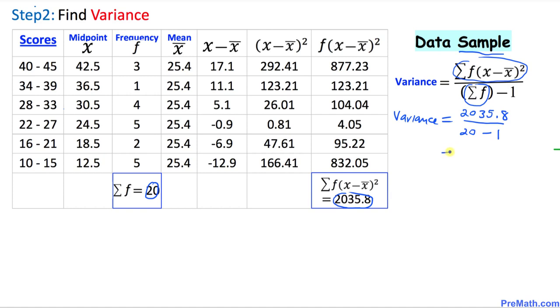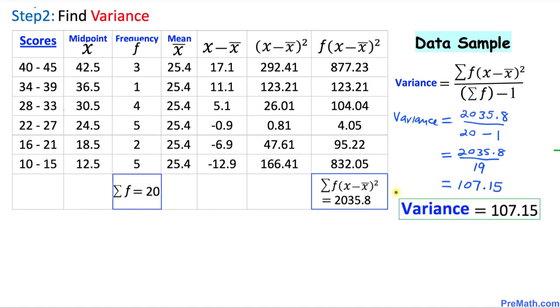Let's simplify this one. 2035.8 divided by 19 is going to give us 107.15. So thus our variance turns out to be 107.15.